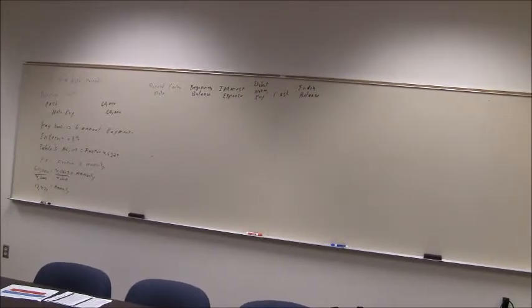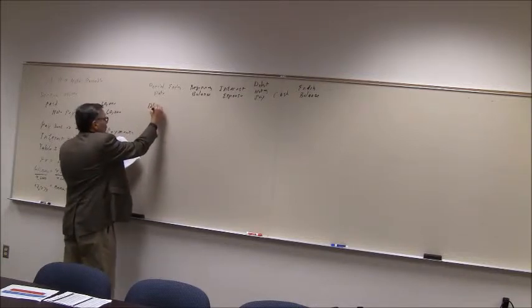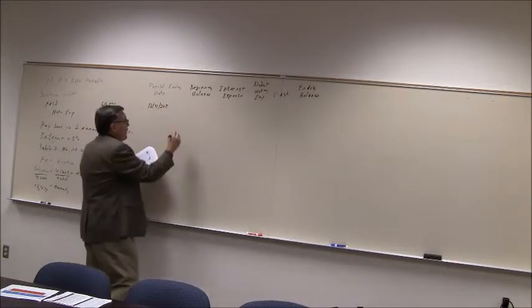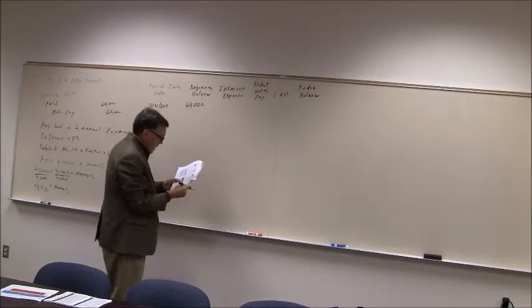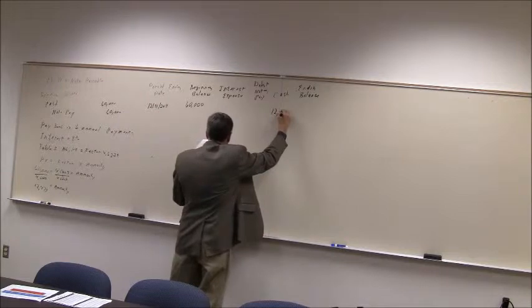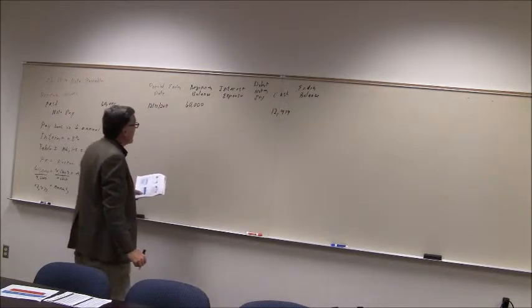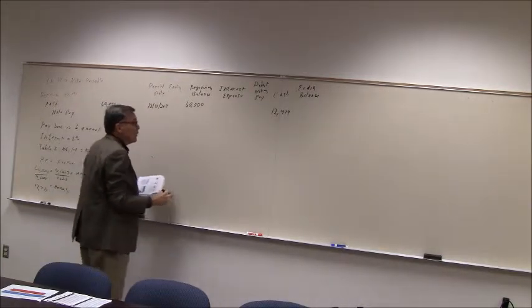Okay, so here's what we're going to do. The first year ends 12/31/2011. At that point, the beginning balance, the amount we owe, is $60,000. We've determined that every year we're going to send in $12,979 in cash. So let's figure interest expense.